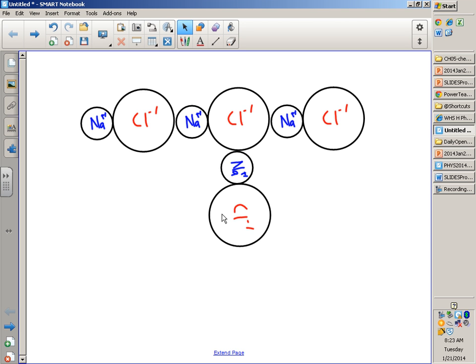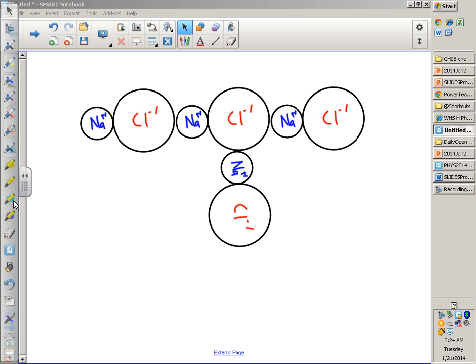And what we find out is that it's real difficult to say that this chlorine is attached to this sodium. They're all connected to one another in a big three-dimensional network.